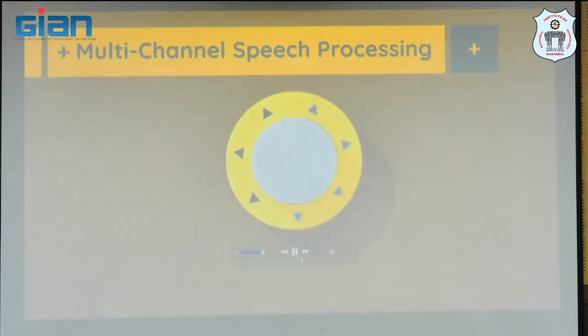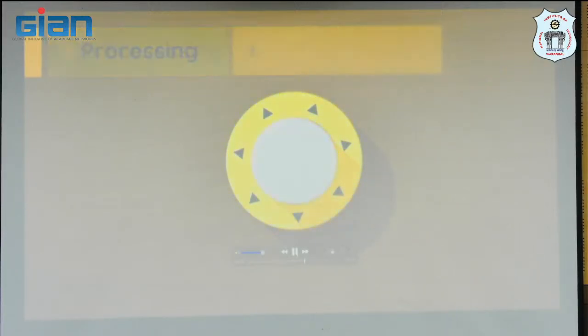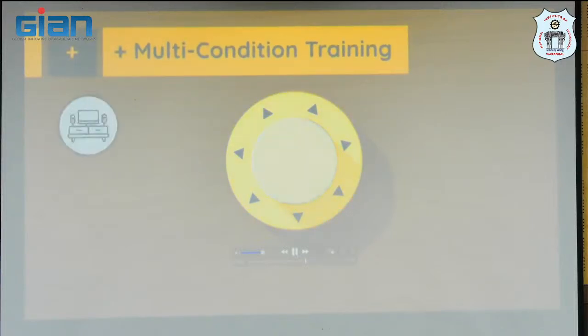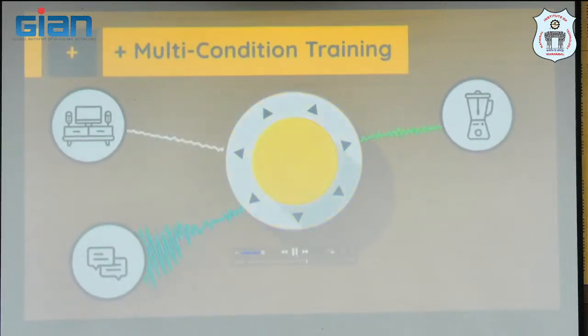Next time you use your Amazon Echo, notice that it purposefully lights up in the direction in which you're speaking. The second is multi-condition training, which trains the device to find the command within all the sound waveforms, including the speaker's reverberation, others talking, as well as TV and kitchen appliance noise.